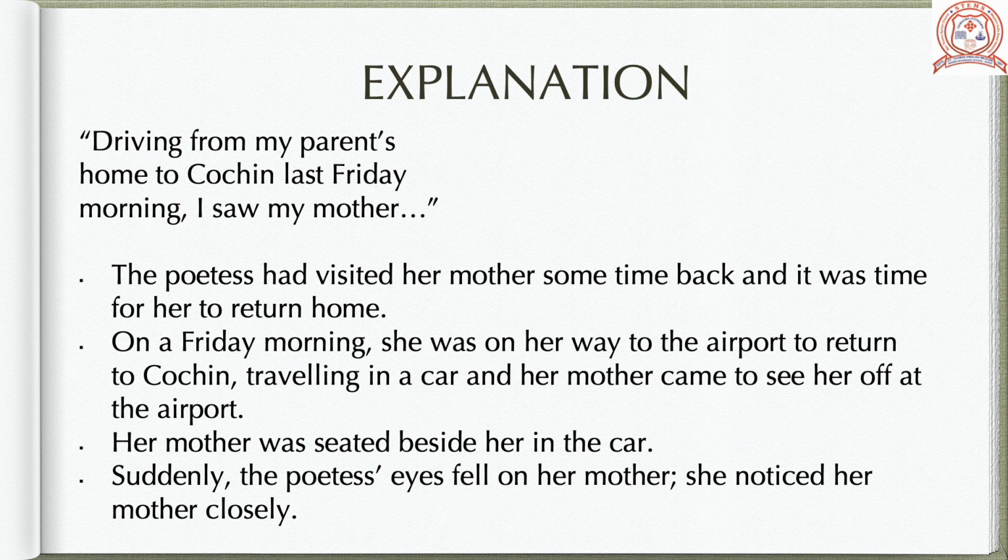Both of them were seated together in the car, and suddenly the poetess's eyes fell on her mother, and she noticed her mother very closely, very carefully, in a very detailed way. And what did she notice?